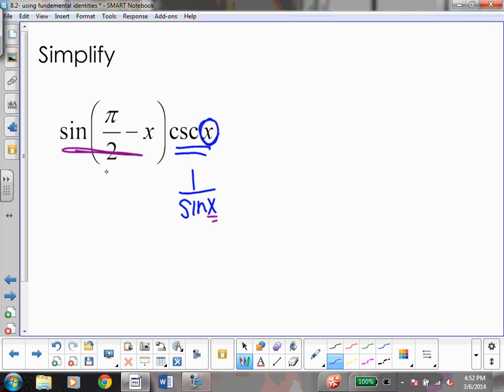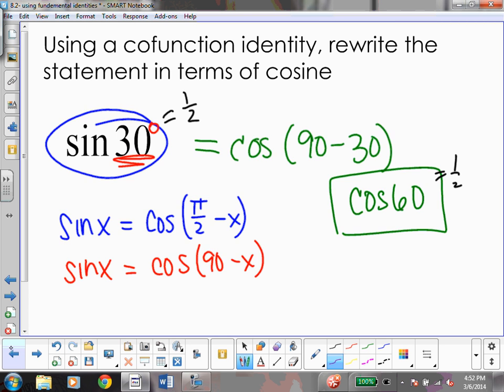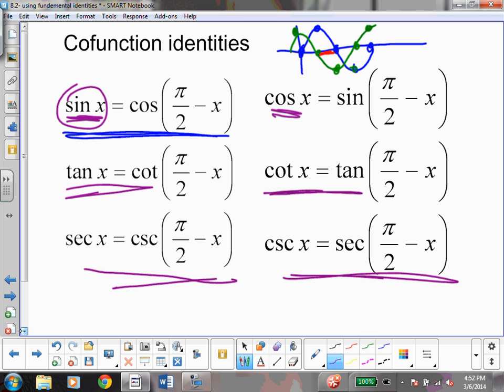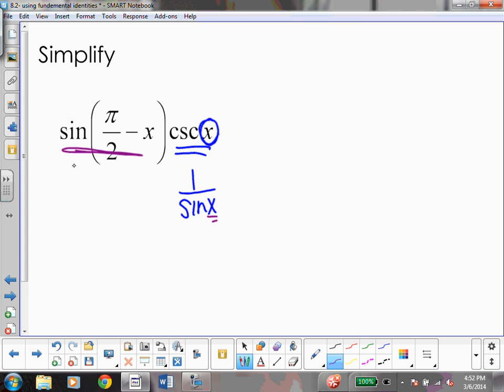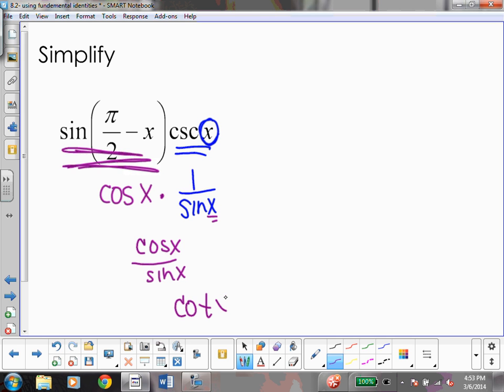So I want to get rid of that pi over 2 minus x. If we go back to our cofunction identities, the sine of pi over 2 minus x is cosine. So I will replace that whole function with just a cosine. And now I can simplify from here. This part isn't new. Combine the fractions together since I'm multiplying: cosine of x over sine of x, which is cotangent of x.